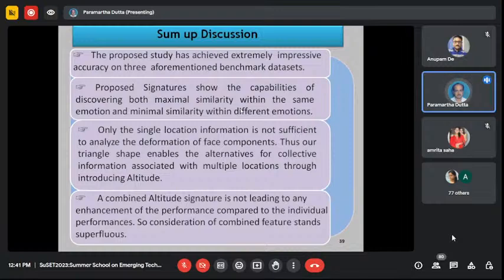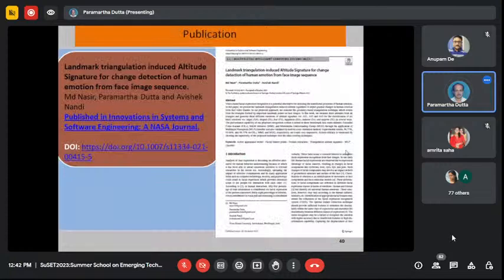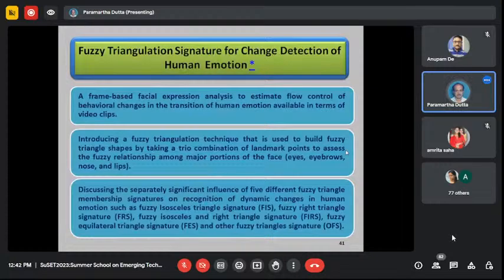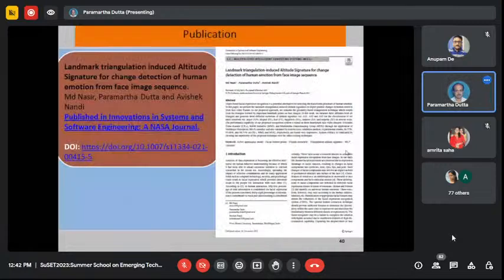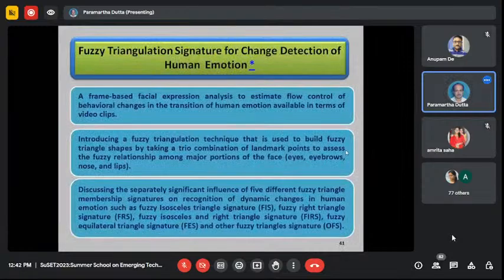In certain situations, apart from certain specific sporadic situations, the overall impression is quite impressive, as the empirical findings suggest. So this is the publication coming out. Okay, so this is the second method.